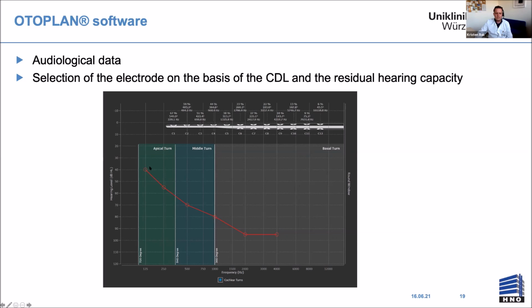Okay, then after measuring the cochlear duct length, we insert the audiological data from all patients, like shown here for this patient, and then we select the electrodes on the basis of the cochlear duct length and the residual hearing capacity.